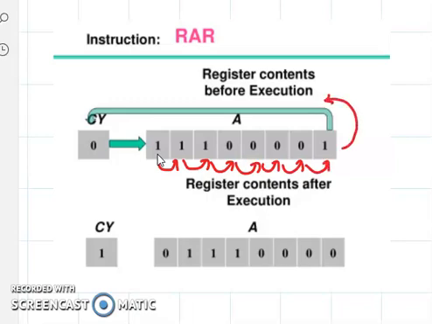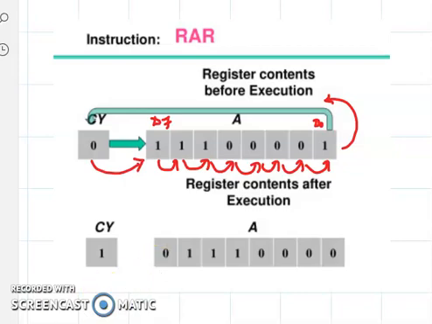The least significant bit is shifted to the carry flag, and the content of the carry flag is shifted to the most significant bit, the D7th bit. This is D7 and this is D0. So we get a result like this: carry is set to 1 and 0 1 1 1. That means it is shifting towards the right side.